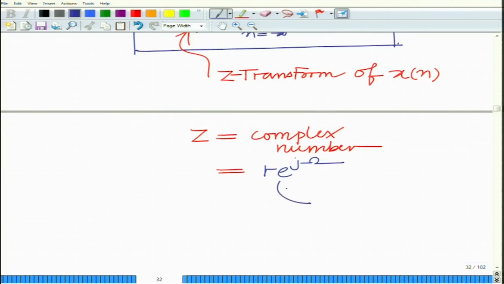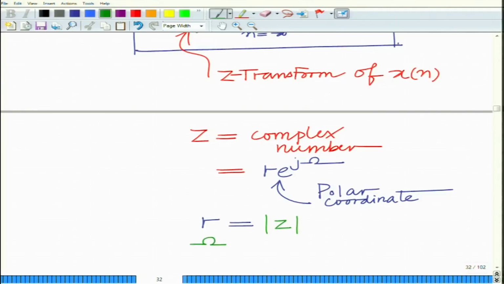This is the polar coordinate representation, where r equals the magnitude of z, and omega equals the phase or the angle of the complex number.